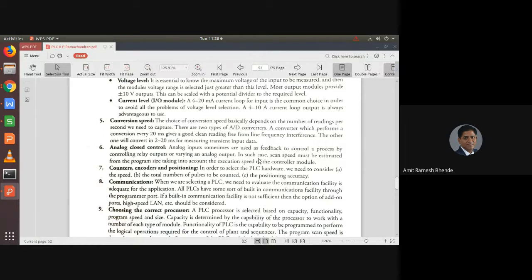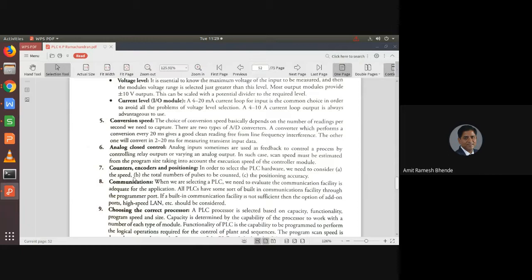So all these relay switches work in tandem. If one is normally open, the other one is normally closed, or one is normally closed, the other one is normally open. So they work in tandem, they work in relay mode. So the speed of working of these relays is also very important.